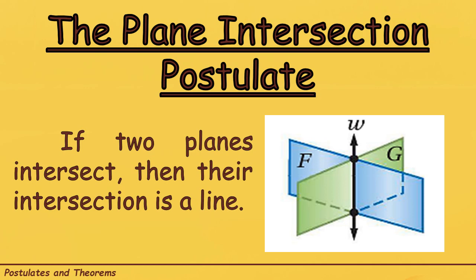As we can see in the given figure, we have two planes. We have plane F, yung kulay blue, at plane G, yung kulay green. And they intersect with one another. Kung sila ay magi-intersect, their intersection is a line. Ayan, kung makikita natin, we have line W. Line W is the line of intersection of the two planes.